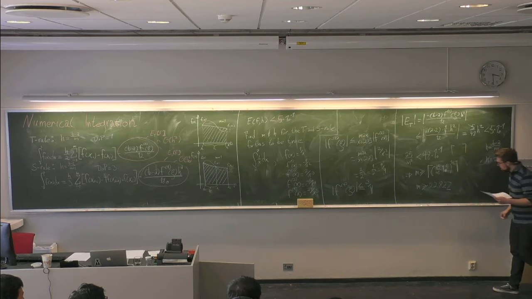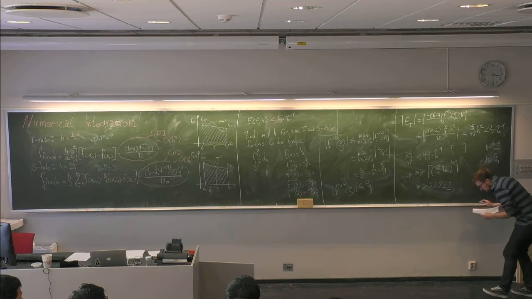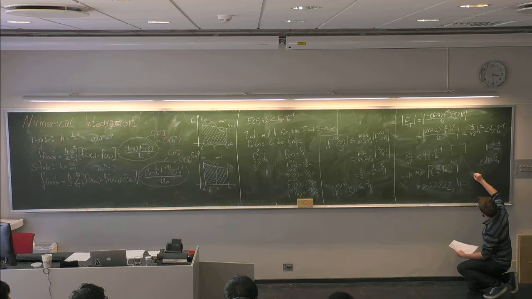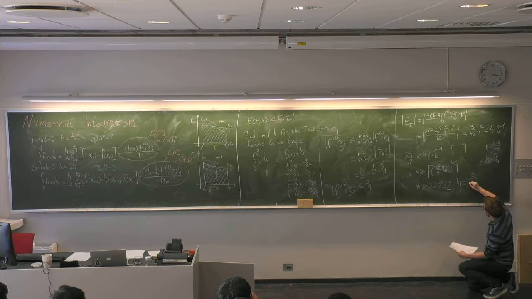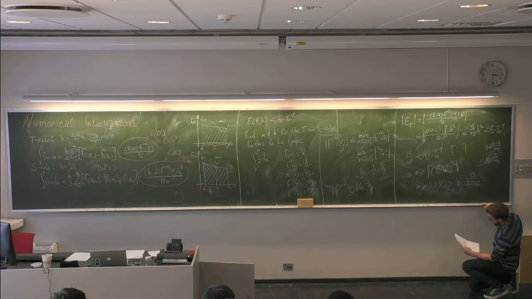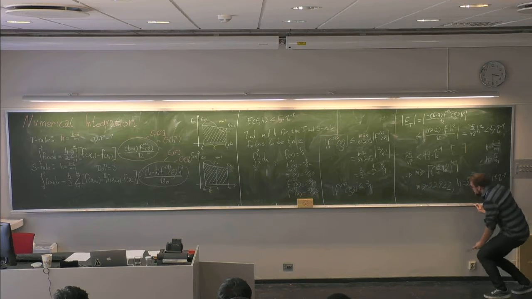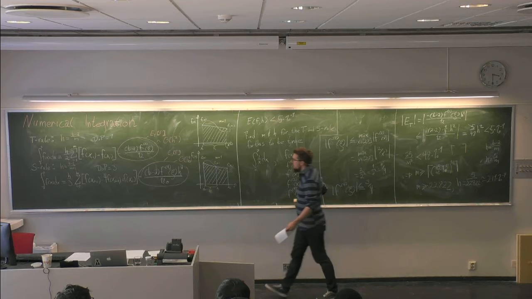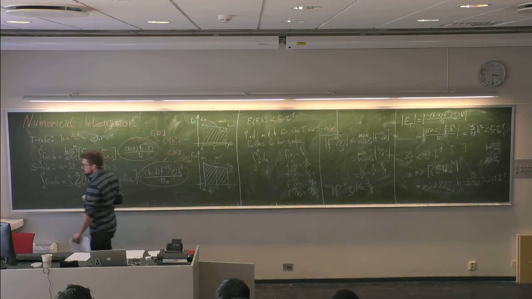Then we can use this to calculate the step length. h is then 5 over 22,822, which is approximately 2.19 times 10 to the power of minus 4. That sounds like an awful lot of work for something so small.